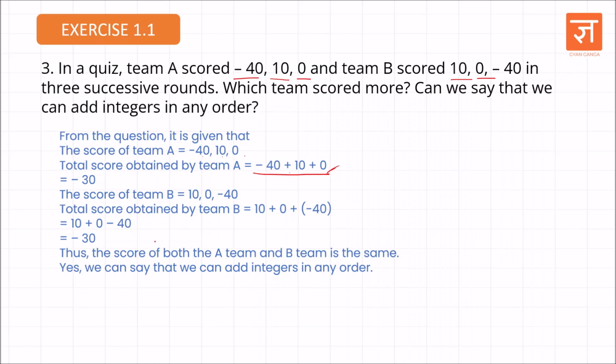Let's add it. 0 is the additive identity, so the next two numbers we added, we get again minus 30. Thus we can say team A's score is equal to team B's. Both are the same. And yes, we can say that integers can be added in any order. Clear?